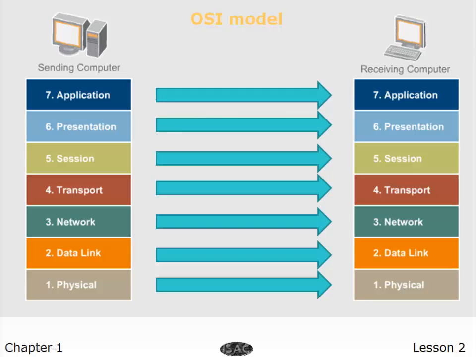So the physical layer can communicate only with the physical layer on the receiving side. The data link layer on the sending computer will communicate only with the data link layer on the receiving computer side, and so on.